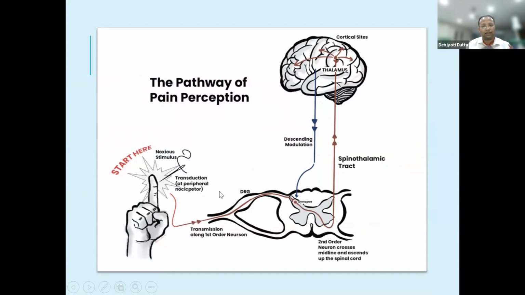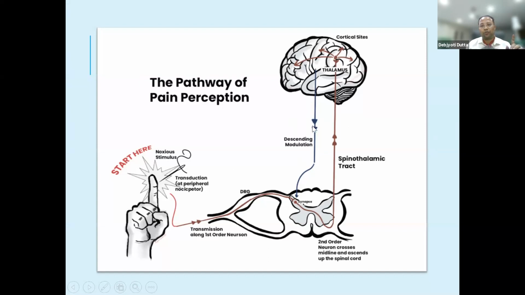When the pain signal is transmitted through the first order and second order neurons, that is the second part, called transmission. The third part is perception, when we perceive the pain signal. So mainly three parts: transduction, transmission, and perception.